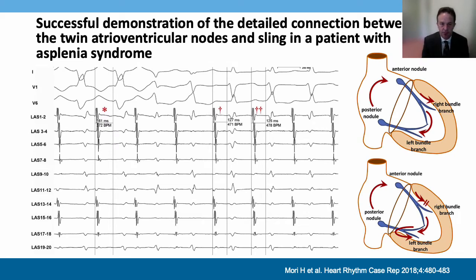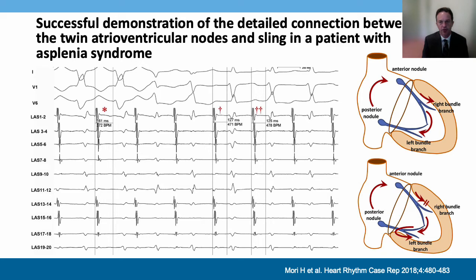Another criteria that's been proposed, and this is, I think, a very interesting one, is prolongation of the AV interval with ipsilateral bundle branch block. Essentially what's happening here is that with bundle branch block, in this case the right bundle, and the anterior node coming off the anterior bundle, results in a longer circuit length to reach the ventricle.